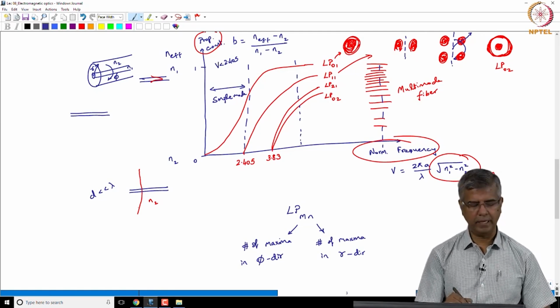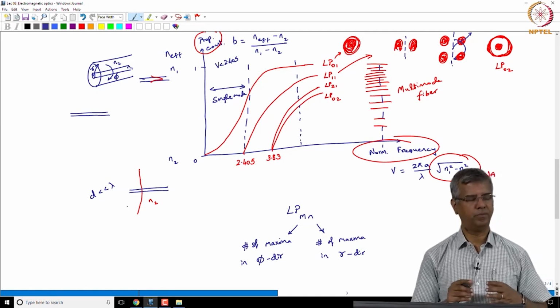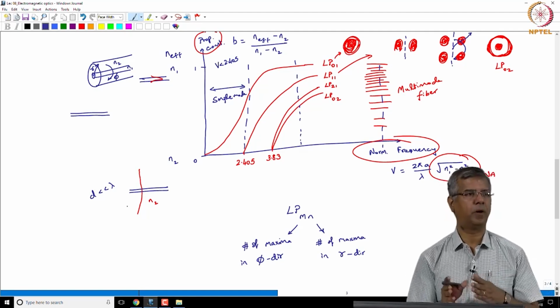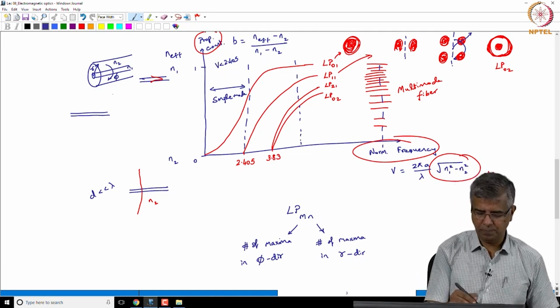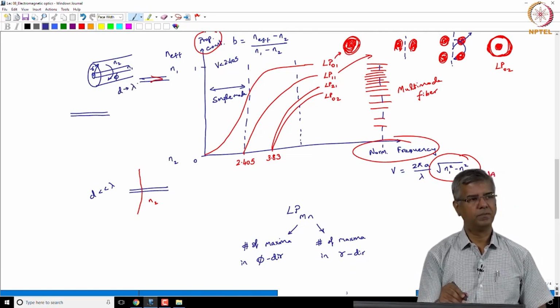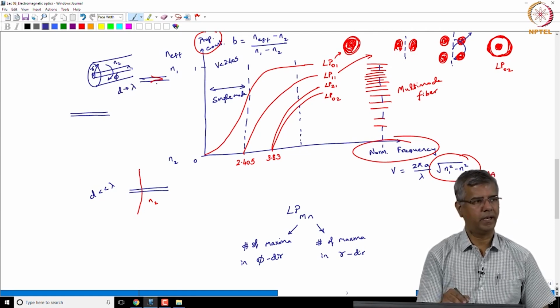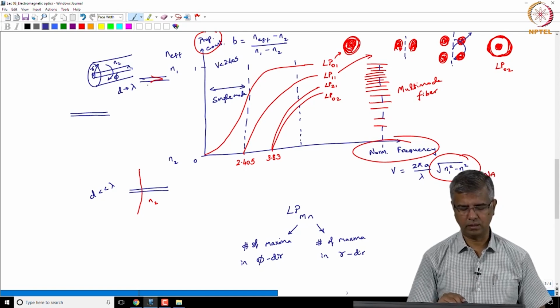So, effectively you have very little energy propagating in the core, there is a large evanescent region, and when d approaches lambda, that is the situation where it is fairly nicely confined.